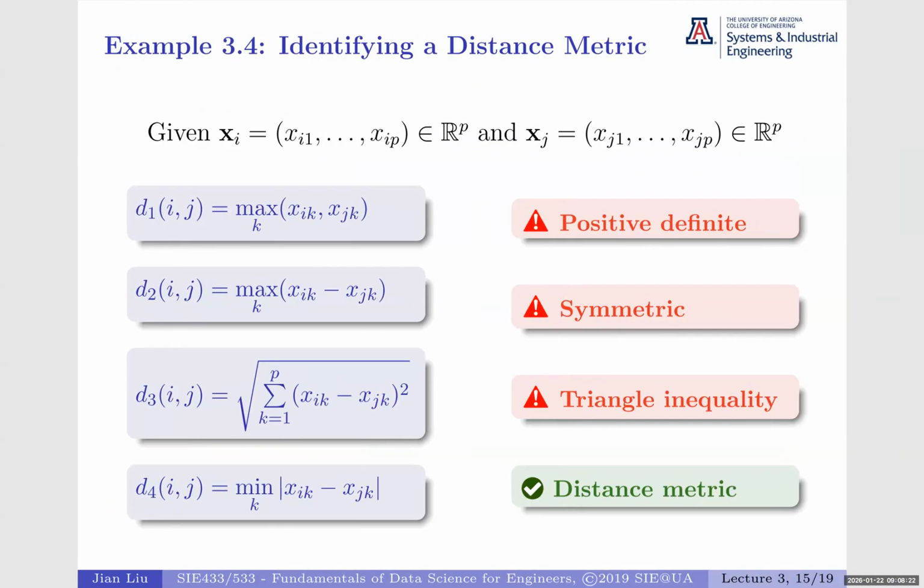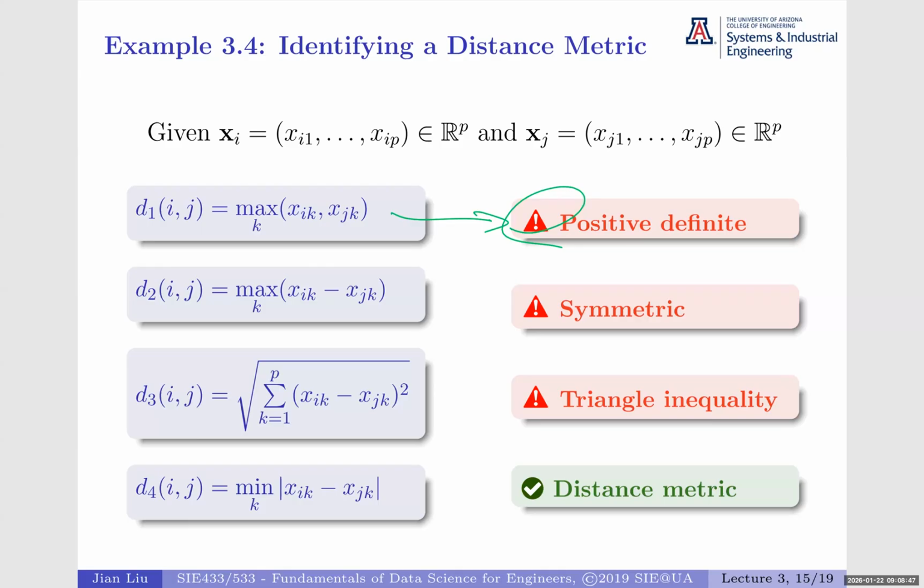Why is this one not? Is it possible for a certain maximum value to be negative? It's possible. So it violates this particular criterion or condition. Okay.